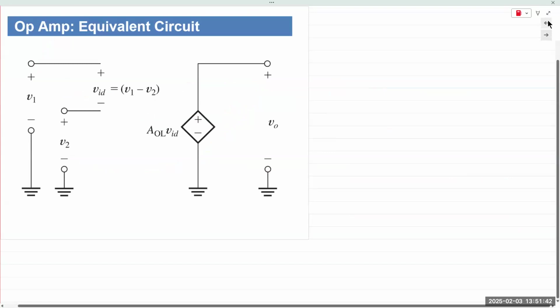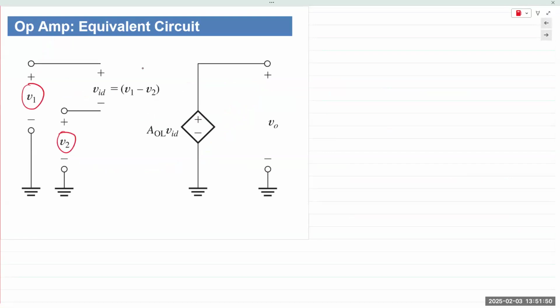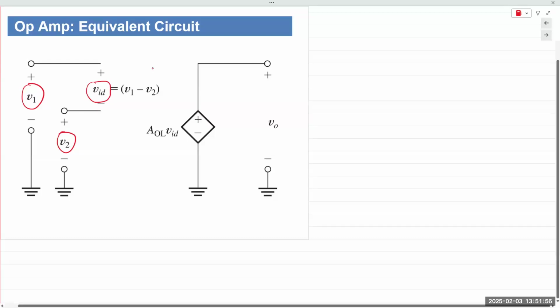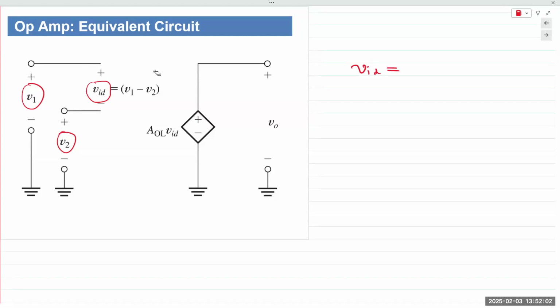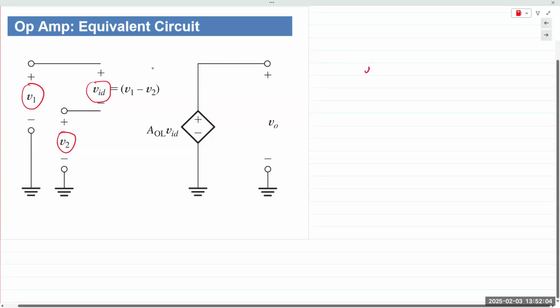So the equivalent circuit of an op-amp can be drawn like this. You have two inputs, V1 and V2. The differential input VID is V1 minus V2. The ID stands for differential input.